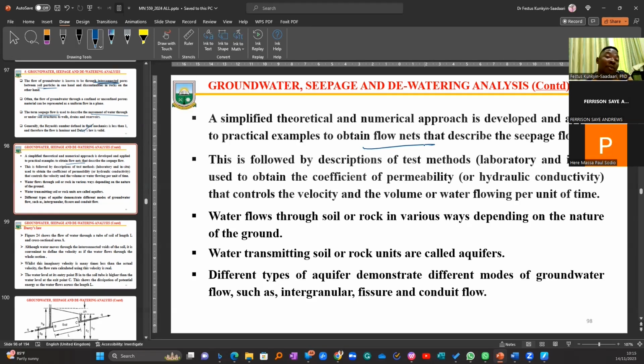Sometimes in the laboratory too, we conduct a test. Let's take, for example, you are an officer in charge of geotechnical activities in your mine, and you are thinking of pumping water from an active pit to another pit that has been abandoned, but they are closer.